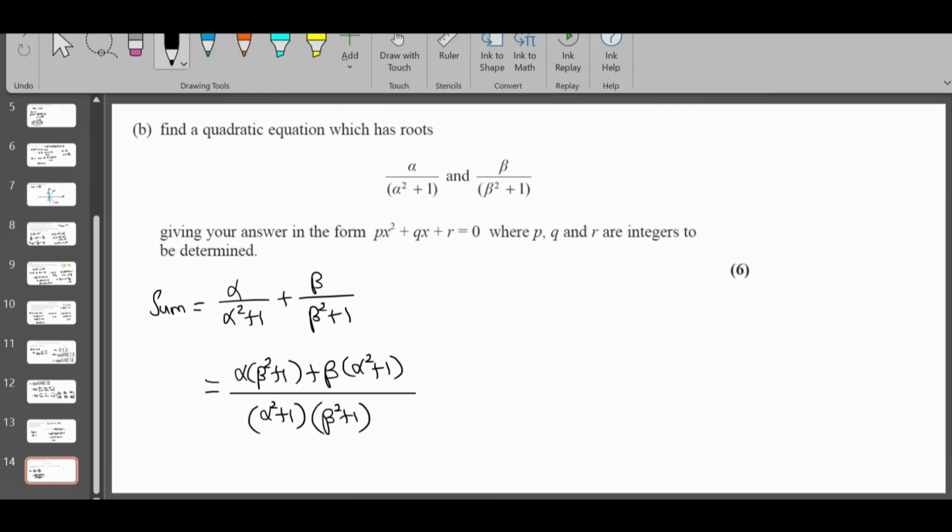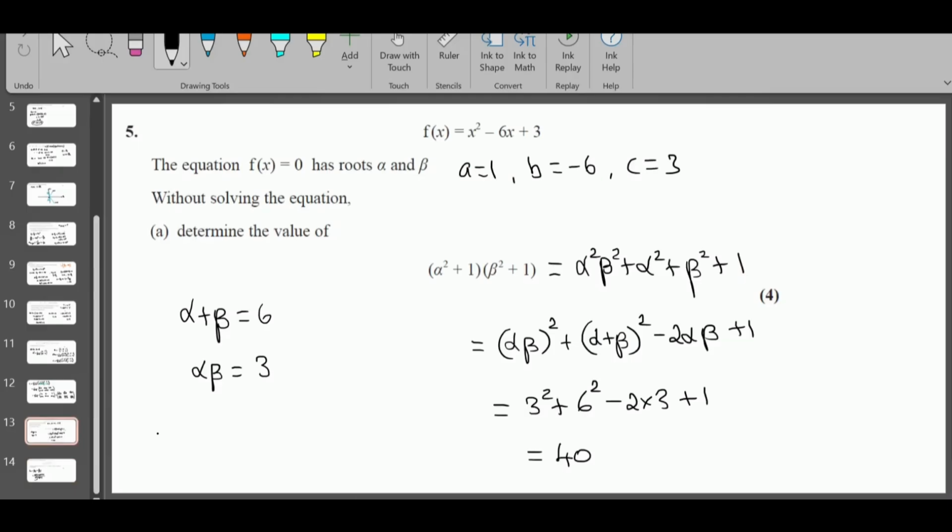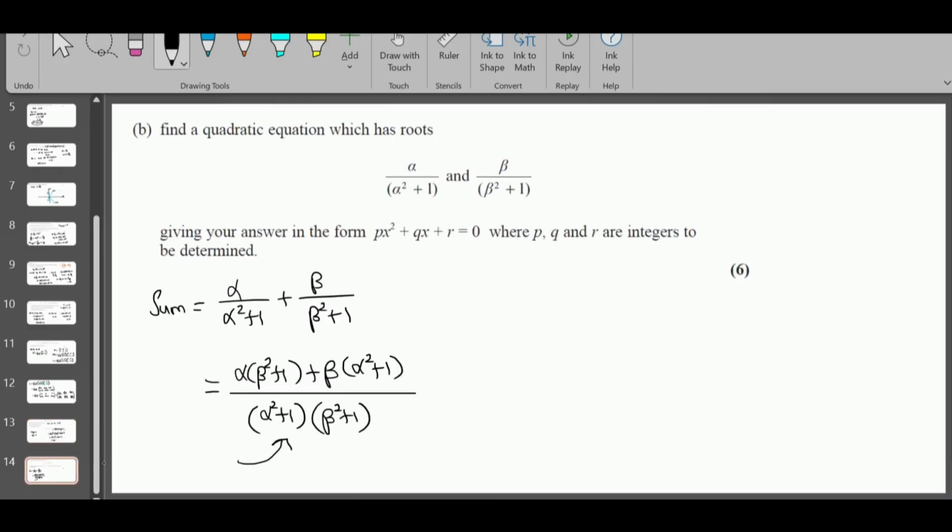Open the bracket on top, and at the bottom we can simply use the value of 40. You don't need to write any steps here. So on top it's going to be alpha beta square plus alpha, beta alpha square plus beta, divided by 40.